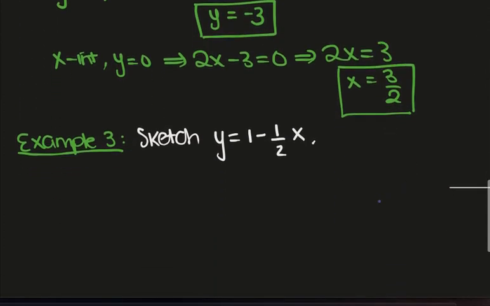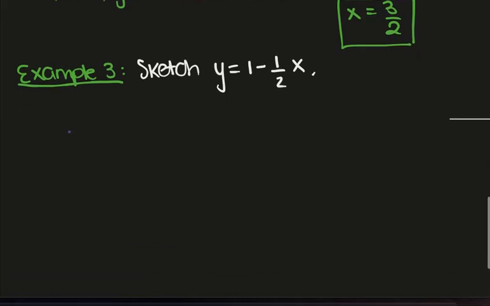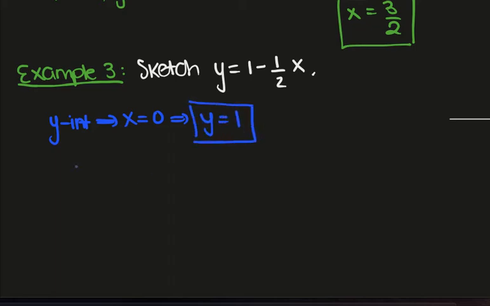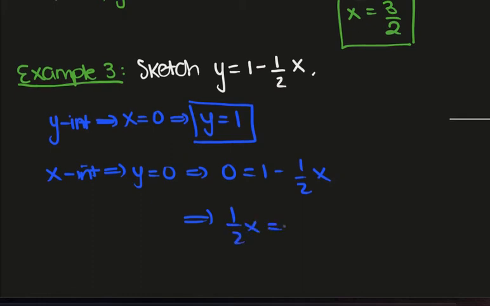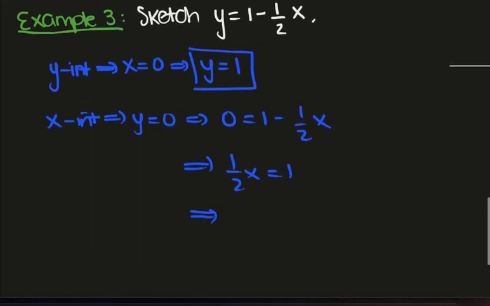Okay, so let's look at another example. Here we have sketch y equals 1 minus 1/2 x. So the y-intercept occurs when x equals 0. So we find that y equals 1. And the x-intercept occurs when y equals 0. And so what we'll have is 0 equals 1 minus 1/2 x. So 1/2 x equals 1. And remember, to get rid of this fraction, we just flip it and multiply.